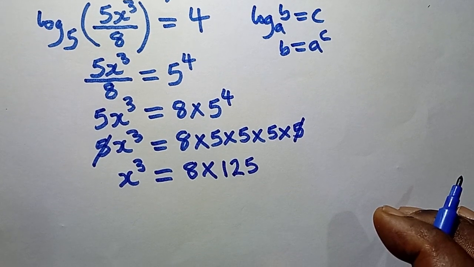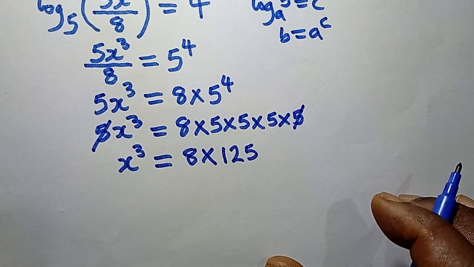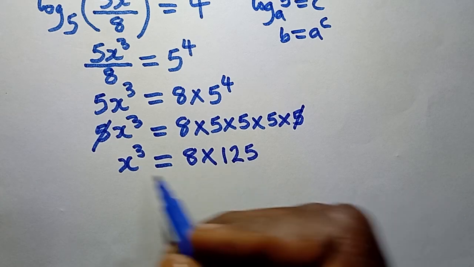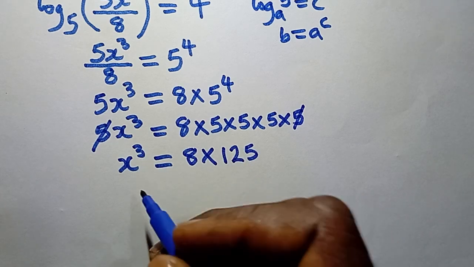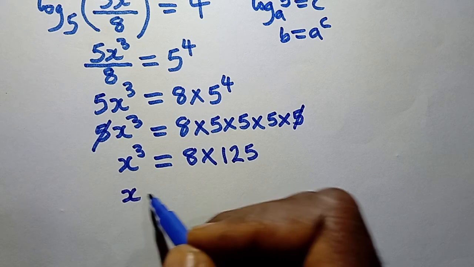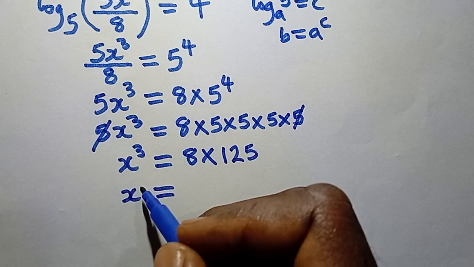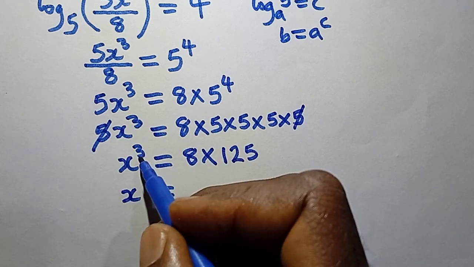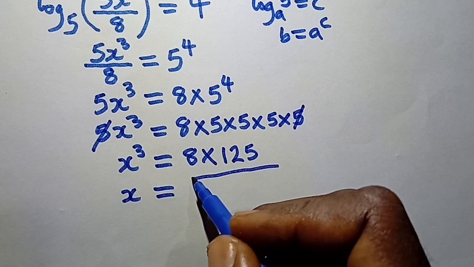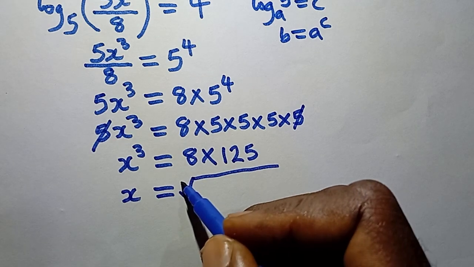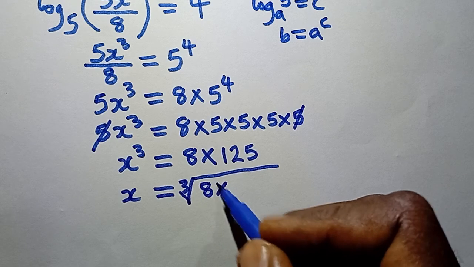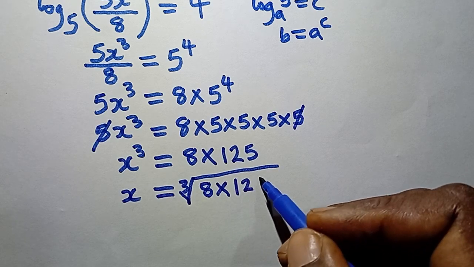So if we check this very well now, we can take the cube root of both sides in order to get x. So x will be equal to, when you take the cube root of both sides now, this cube will disappear. You are left with x, and then the cube root of 8 multiplied by 125.